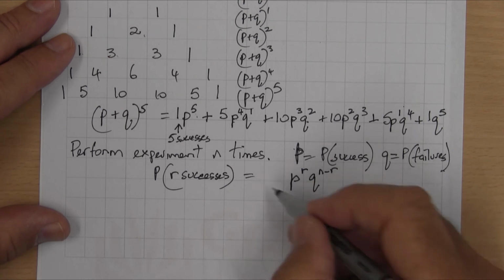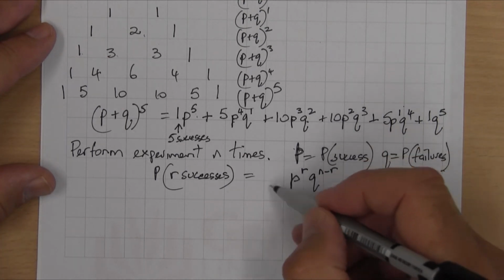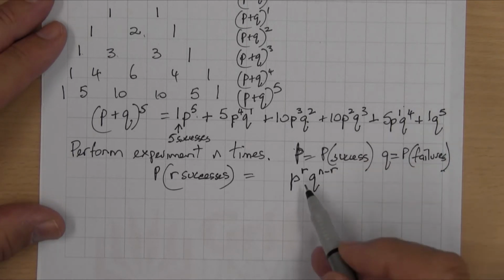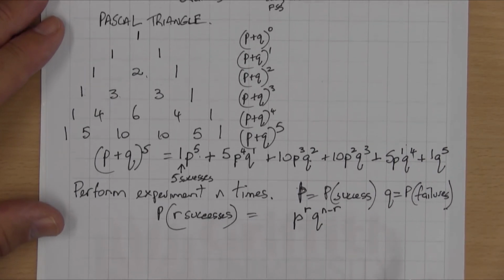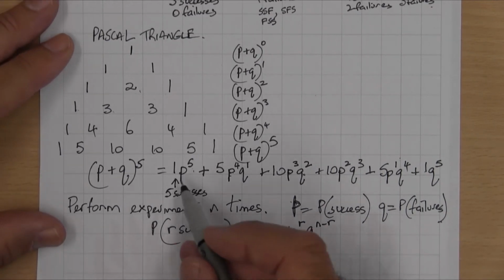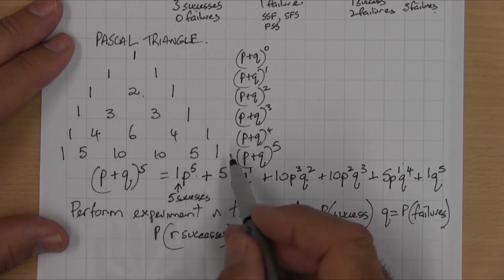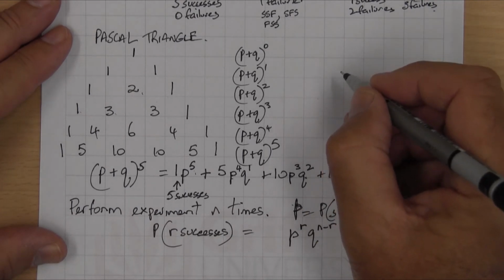So the last thing remaining is to get the value here of the coefficient. So this would be r successes, n minus r failures. Okay, so we just got to work out how we can work this out. If we go back up here, we have done combinations before.